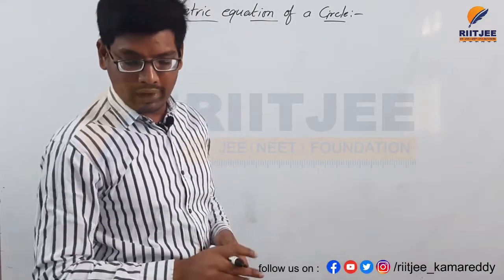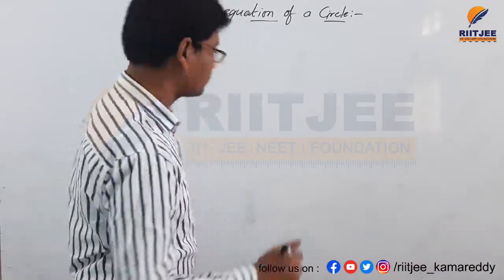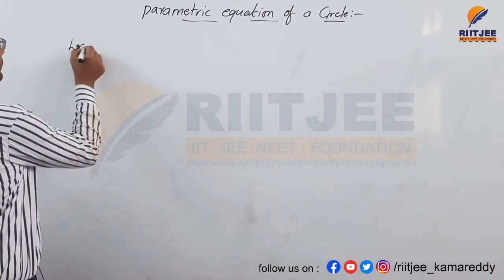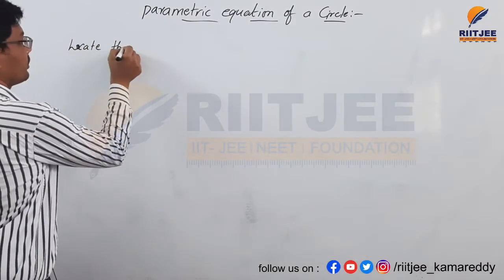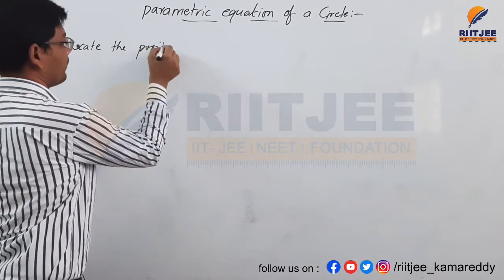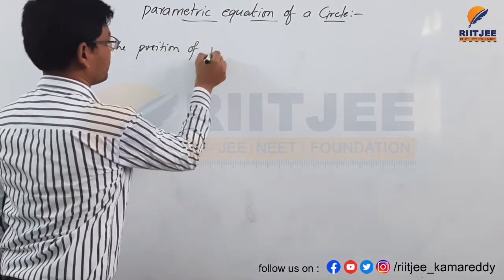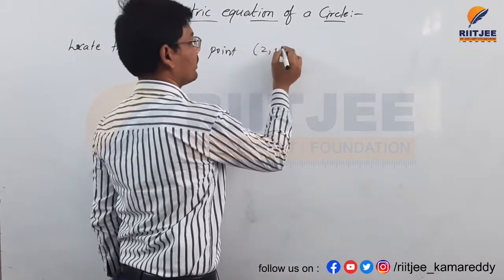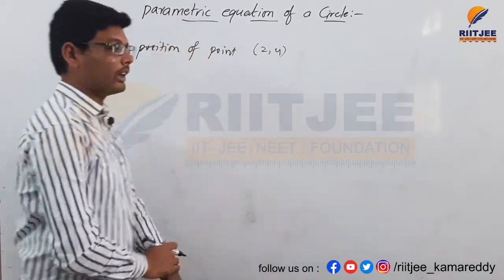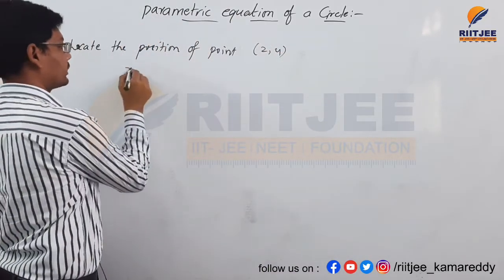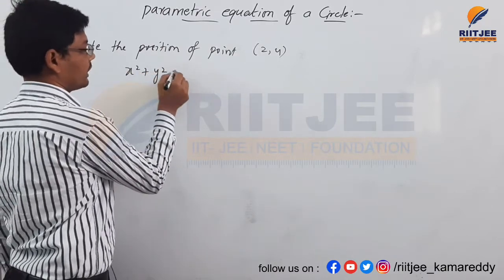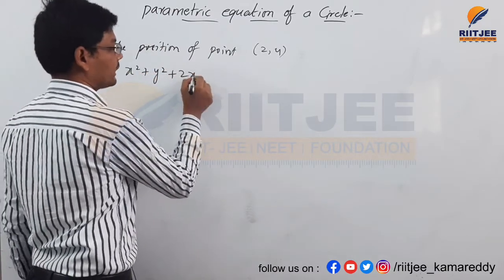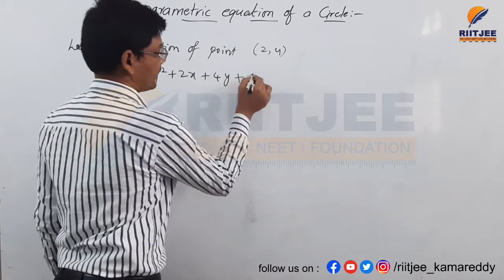Locate the position of point (2, 4). I am taking one equation of a circle, x square plus y square plus 2x plus 4y plus 6 is equal to 0.